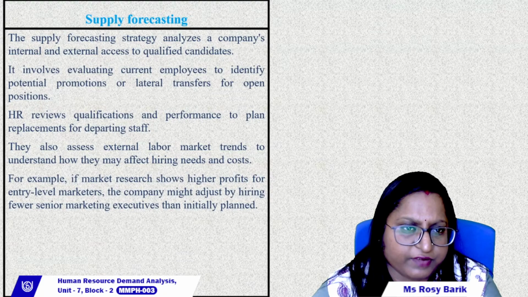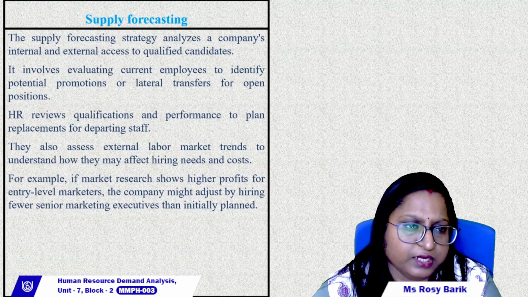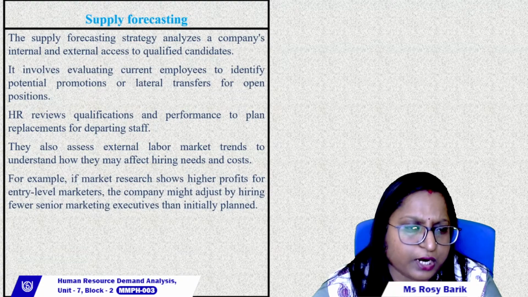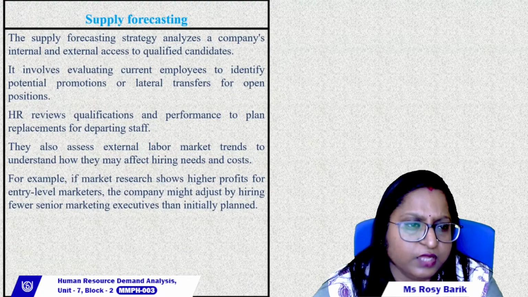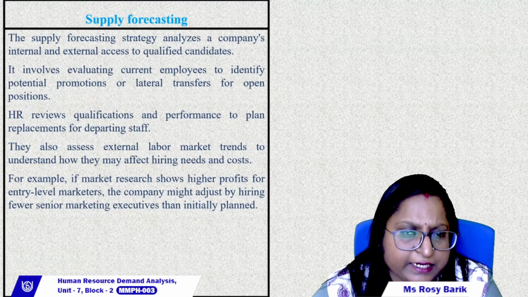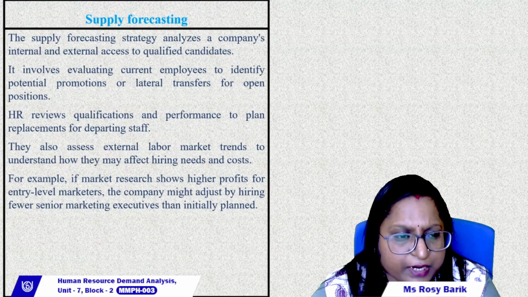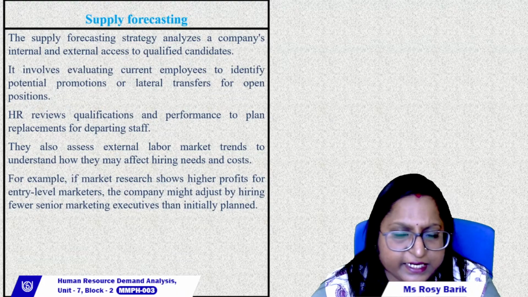HR reviews qualifications and performance to plan replacements for departing staff. They also assess external labor market trends to understand how they may affect hiring needs and cost. For example, if market research shows higher profits for entry level marketers, the company might adjust by hiring fewer senior marketing executives than initially planned.